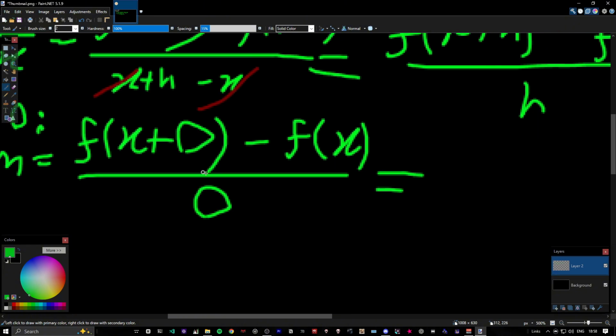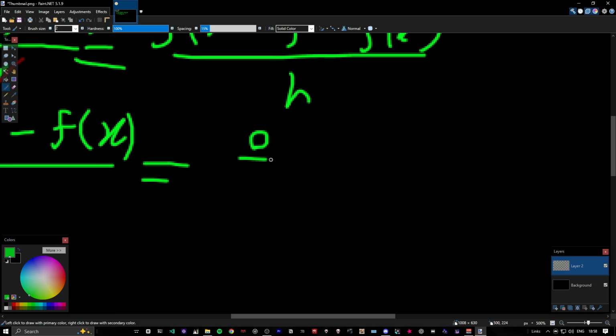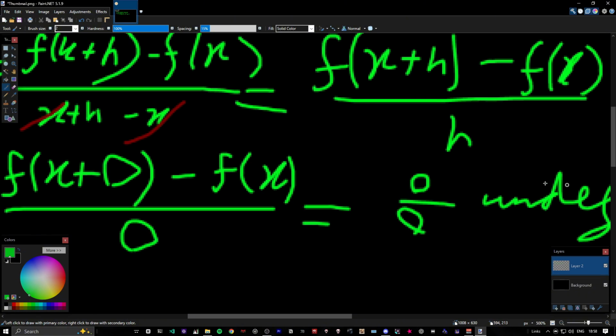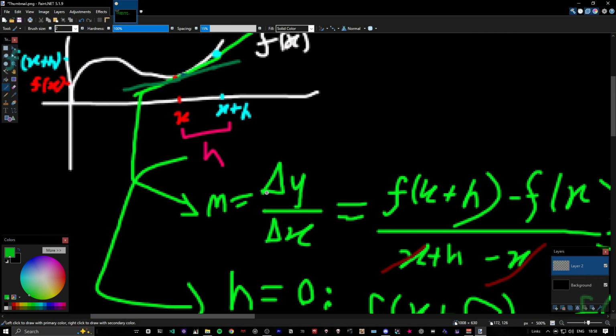And, just by looking at this, you can tell this isn't right, because we can't divide anything by 0. This would be 0 over 0, which is undefined. That's why we can't just substitute h equals 0.